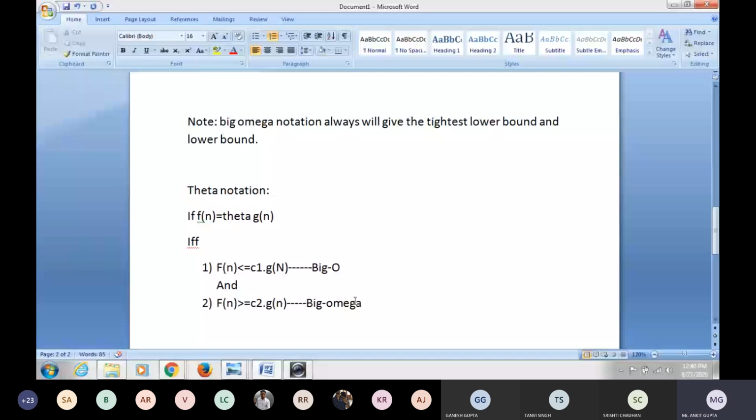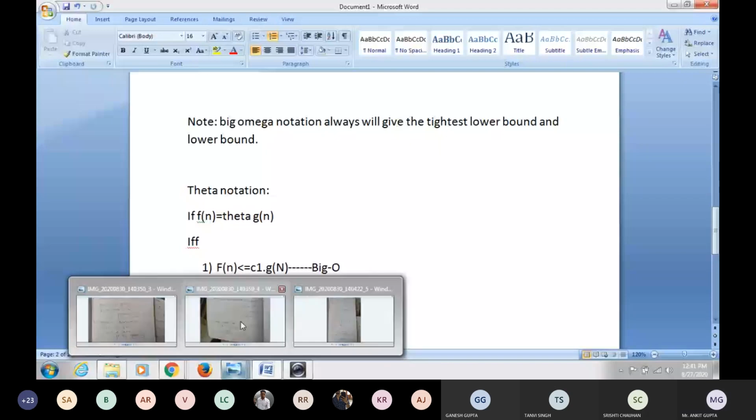So in the theta notation I find C1, C2 and n naught, where C1, C2 and n naught are the three constants. It is the same as big omega, just that it satisfies both conditions.